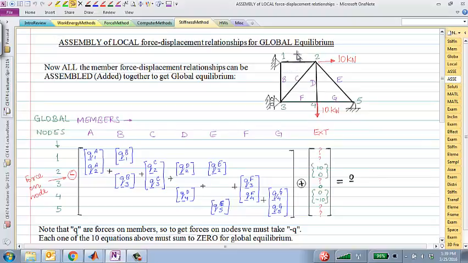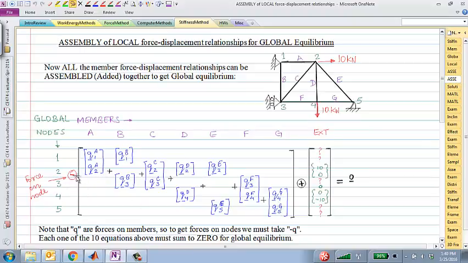For example, element A applies forces to nodes 1 and 2, so it contributes forces to these 2 rows of equilibrium equations. What I'm writing here is the global set of equilibrium equations for this entire structure. Similarly, we added forces for all these B, C, D, E, F, G members, just adding them to the correct location.